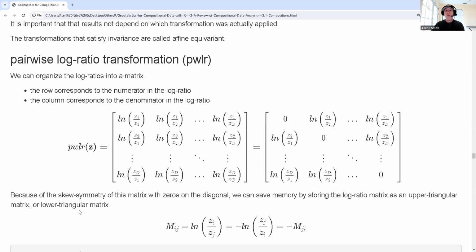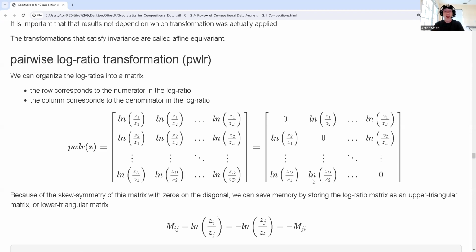All right, so something to realize is that this matrix is skew symmetric. Remember that if I have a negative sign multiplying a logarithm, that's equivalent to removing the negative sign and taking the reciprocal of the inside.